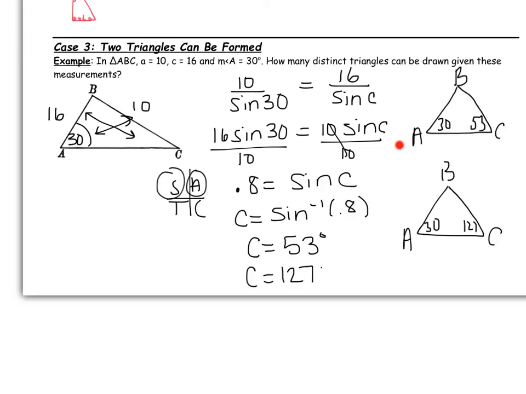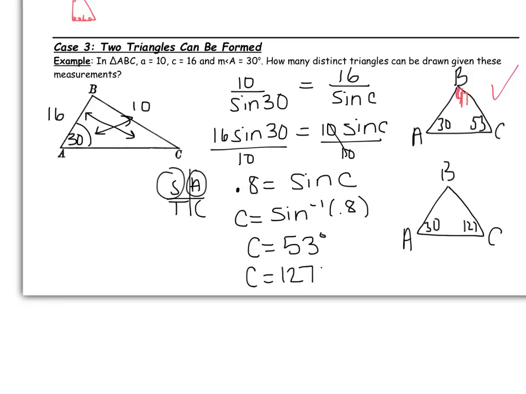So let's try this top triangle first. 30 plus 53. We get 83. So that will work because B can be 180 minus that sum. So 180 minus 83 gives you 97. So that works.